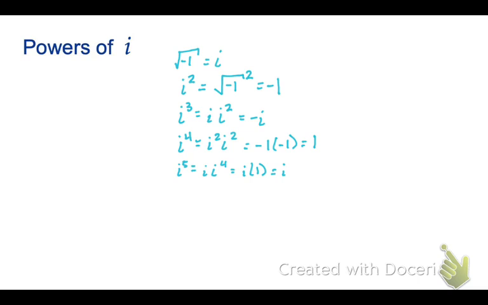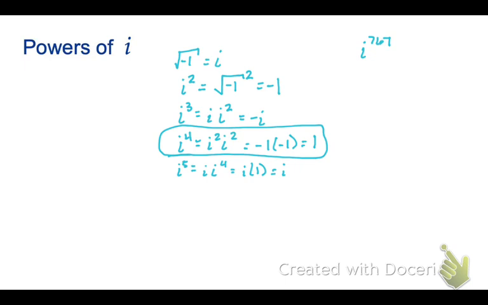Now, a question that they love to ask you is something like i to the 767th. Well, first of all, i to the fourth is the one we absolutely love because why? Because it's just 1. So if I found out what power of i to the fourth this was and then just dealt with the leftover, I'd be doing great, right?